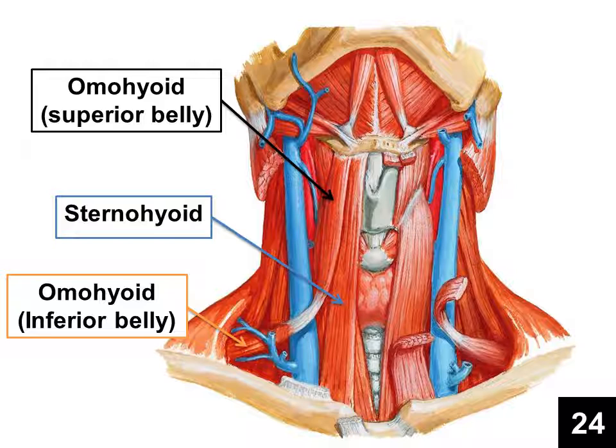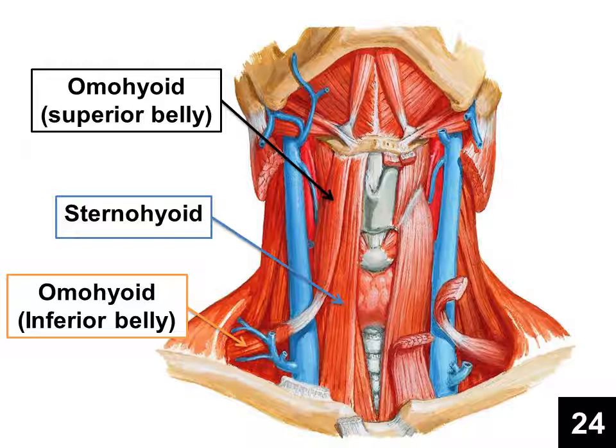We said the intermediate tendon lies deep to sternomastoid and it lies over the internal jugular vein. As you see, the internal jugular vein, this blue one, lies deep to it, so it crosses that and lies deep to sternocleidomastoid.